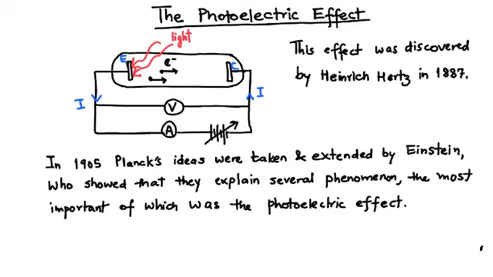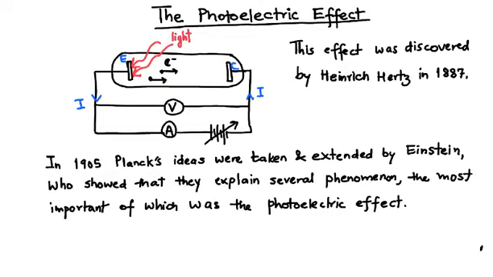Light waves were known to carry energy in the form of oscillating electric and magnetic fields, and it seems perfectly reasonable that some electrons in the metal could absorb enough of this energy to be ejected. However, closer investigation showed that several features of the process were incompatible with the classical electromagnetic theory.